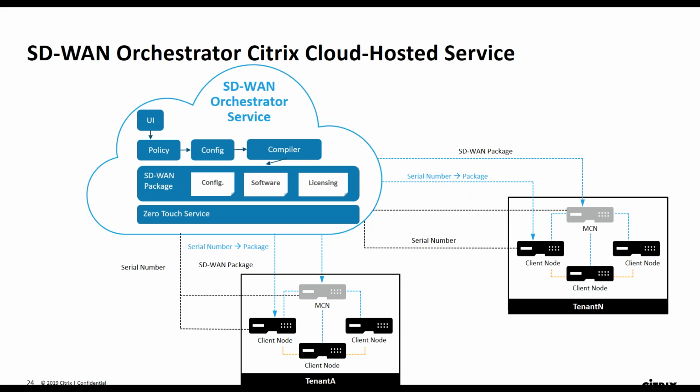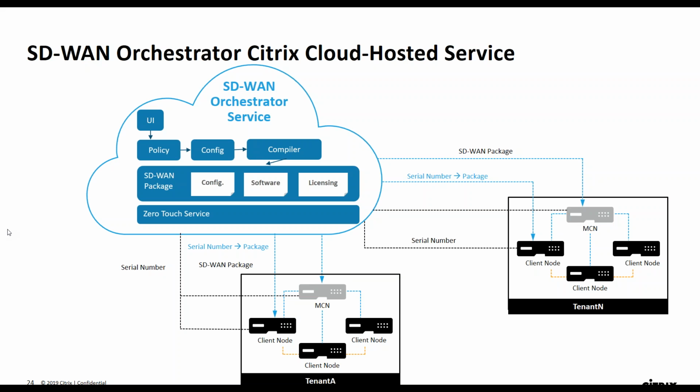So each of these serial numbers does have to be unique. We have seen some cases on the VPX side of things where if you're doing something like snapshots, you might have duplicate serial numbers, so that's something to consider. You'll have to actually roll out individual VPXs and import them and go through the whole process. So that's something to consider.